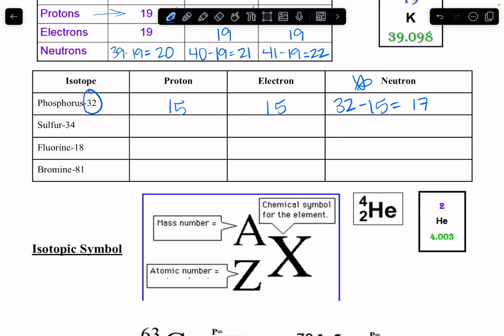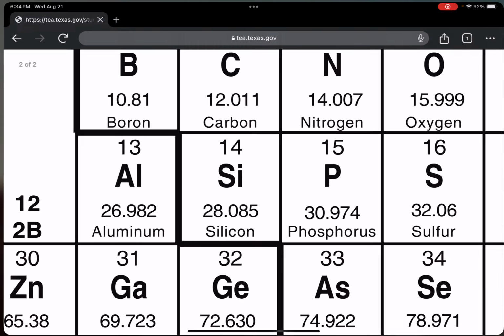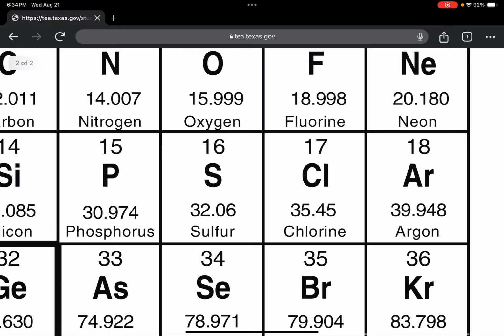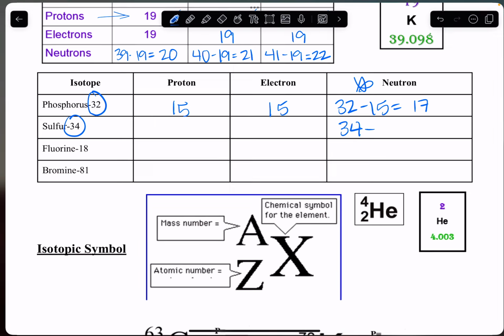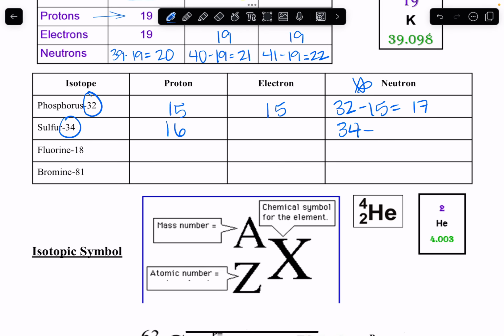Okay, sulfur 34. So I'm going to have 34 minus something, right? Let's go find sulfur. It's right there. Sulfur has 16 as its atomic number. So I have 16 protons, 16 electrons, and then 34 minus 16 gives me 18 neutrons.